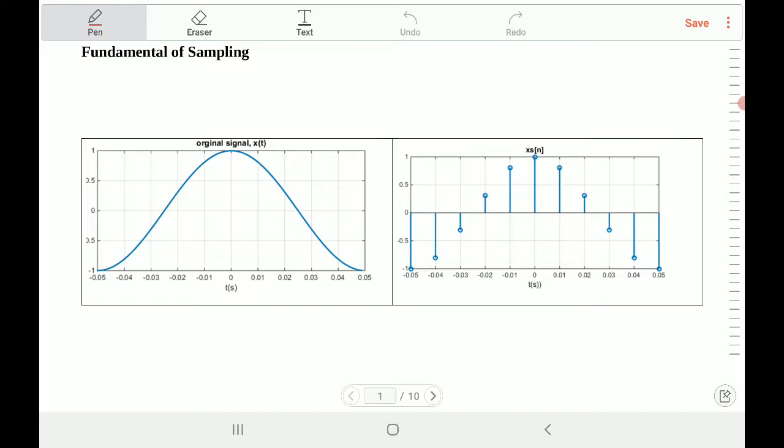This is the question that we need to answer. So the major question here is what the sampling frequency should be so we'll be able to reconstruct the signal that we are sampling.